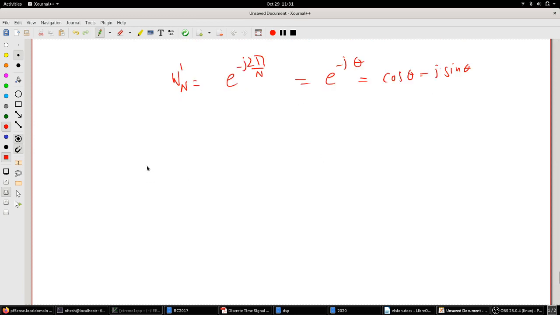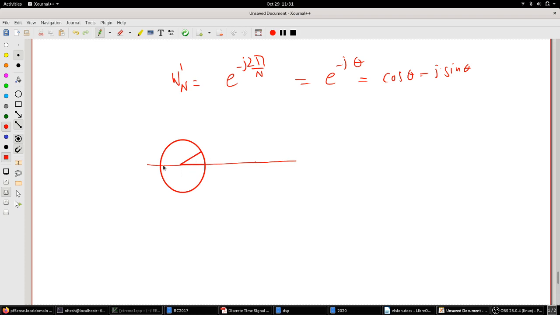So if you look at it carefully, this e raised to minus j 2 pi by n is basically a circular plot. Okay, it's a polar plot, and here is the angle which it makes with respect to this particular axis, in the first quadrant.